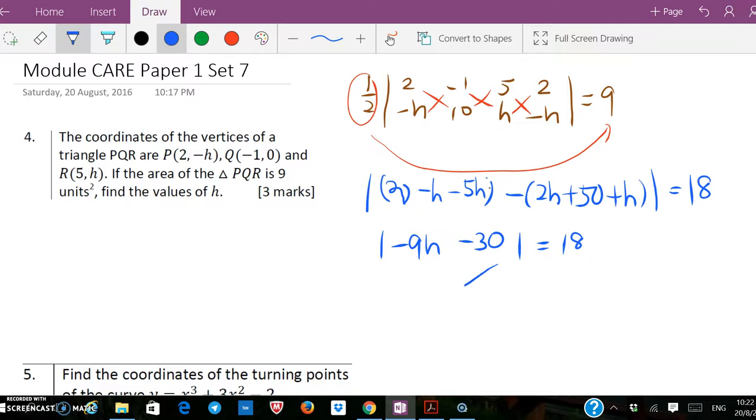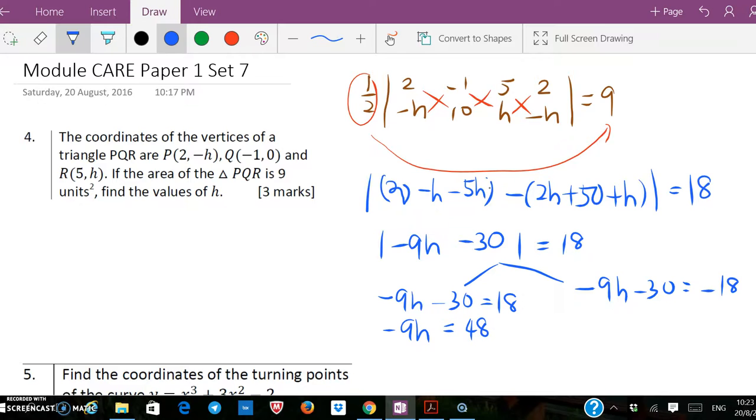This is where you will start lifting out the modulus. So it will be negative 9h minus 30 equal 18, and another one is negative 9h minus 30 equal negative 18. So negative 9h equals 48.